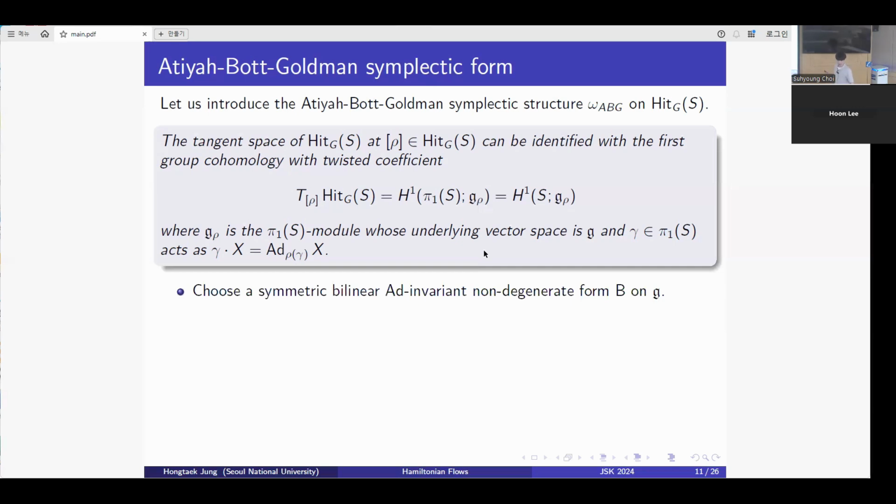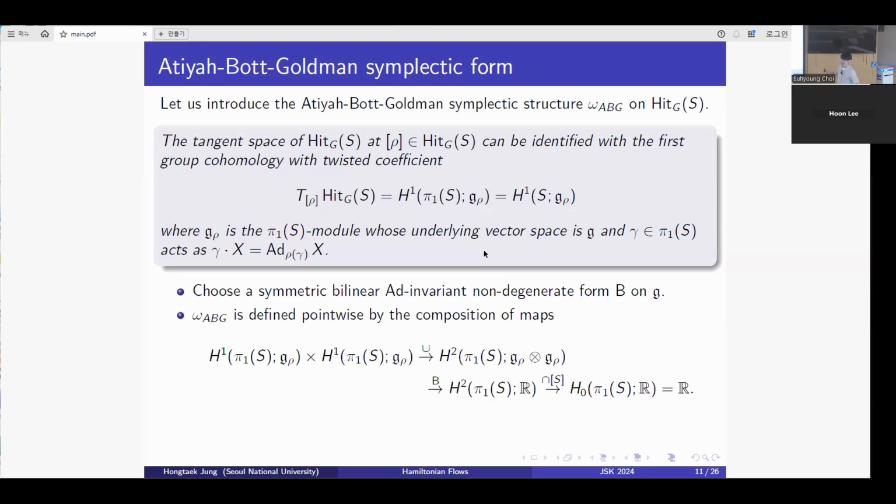The Atiyah-Bott-Goldman symplectic form can first be defined at each tangent space. We first choose a symmetric bilinear adjoint-invariant non-degenerate form B on the Lie algebra of G. For example, you can choose the Killing form, but you can also choose a trace form, which is much easier.